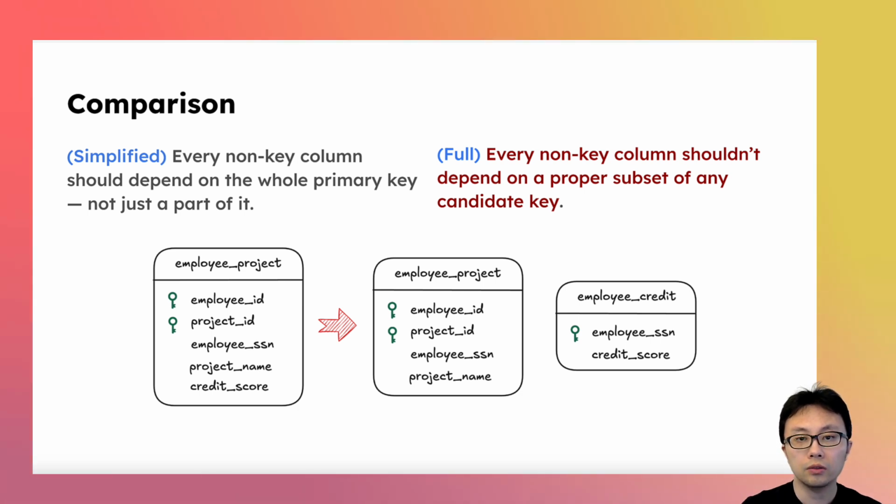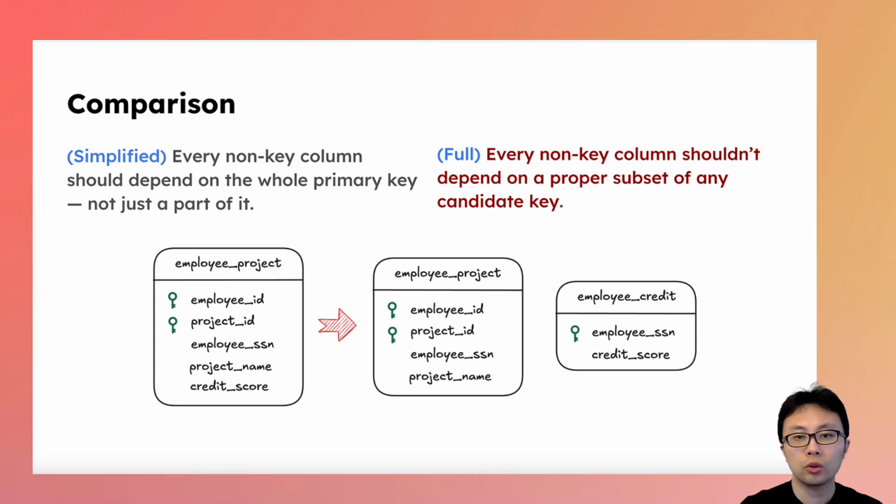In this case, you will move employee SSN and credit score to a new table, and employee SSN, the determinant, will become the new primary key in this table. Beyond that, you will also keep the columns in the original table that are not partially dependent on any candidate keys. In our case, there's one column, employee SSN, that meets the requirement of both conditions, so it's going to be kept in both tables.